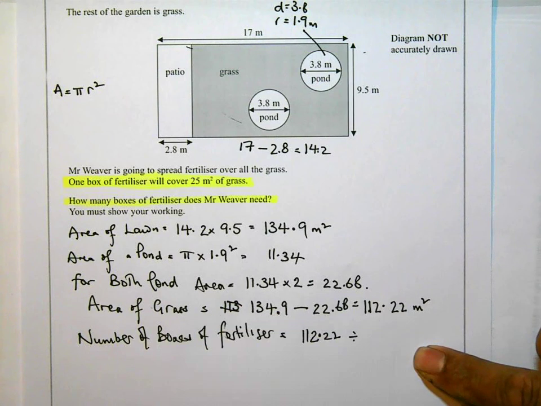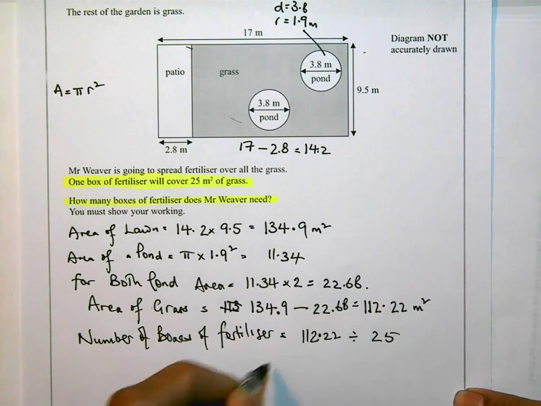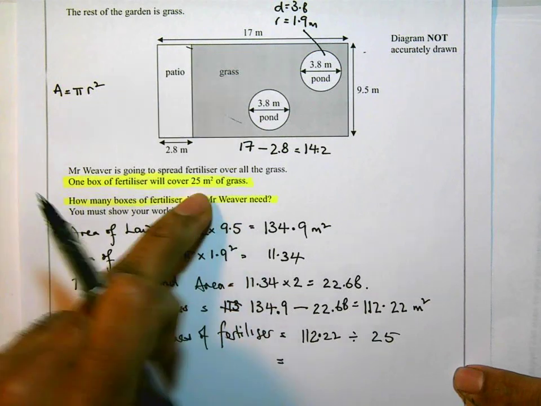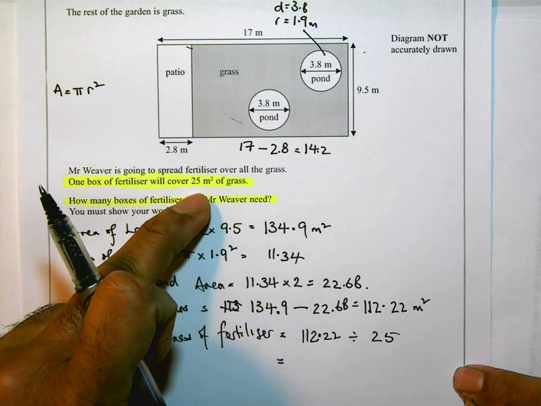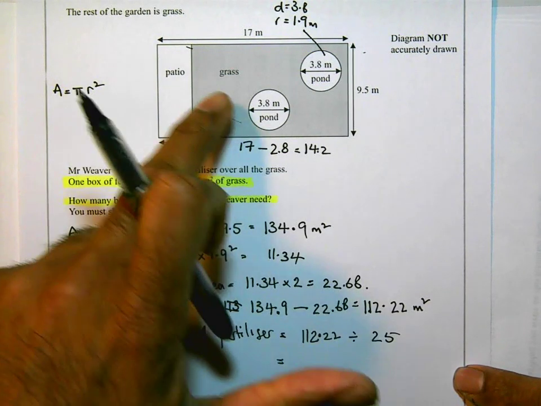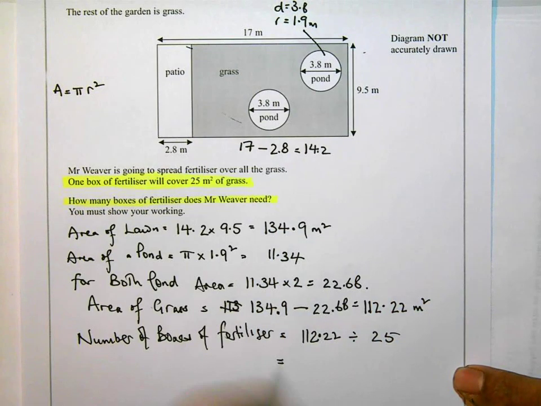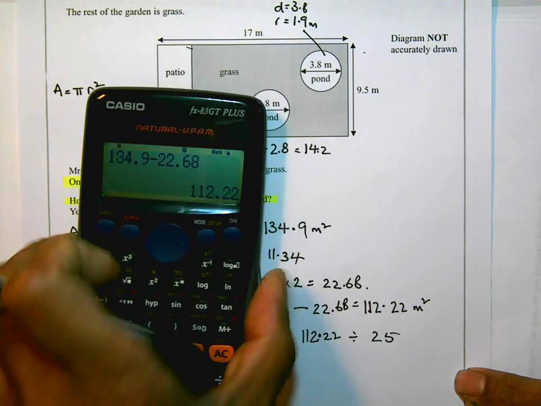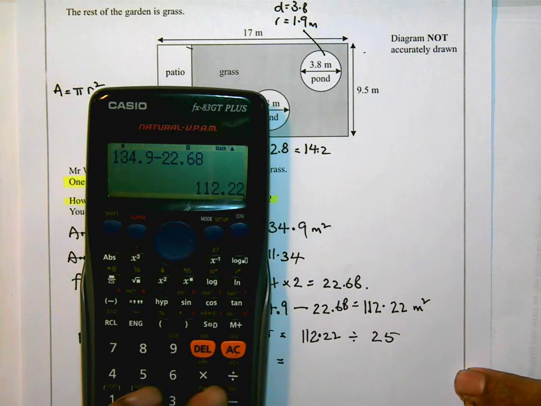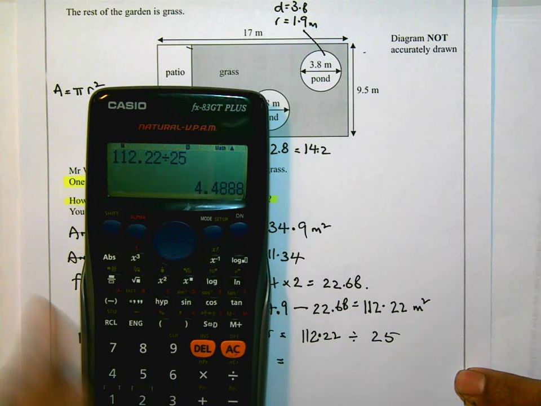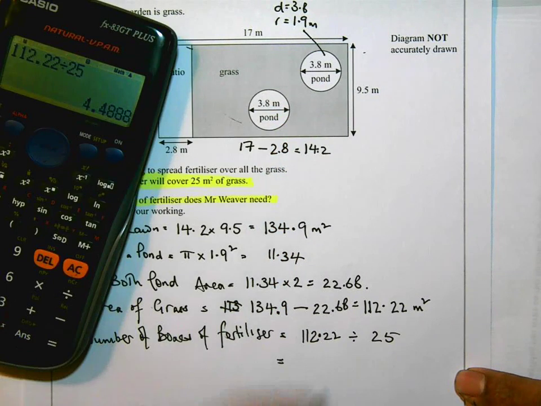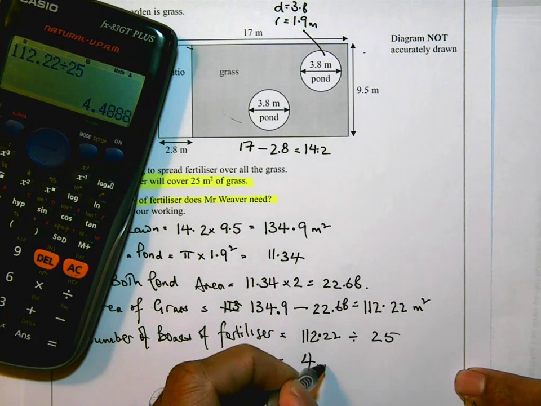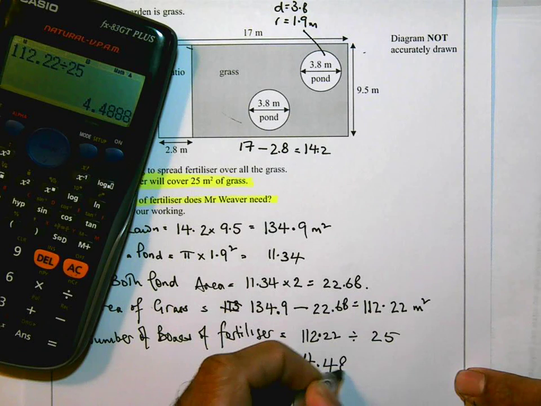Because one box will cover 25 meters squared of grass, and we have 112.2 meters squared of grass. 112.22 divided by 25 equals 4.48.